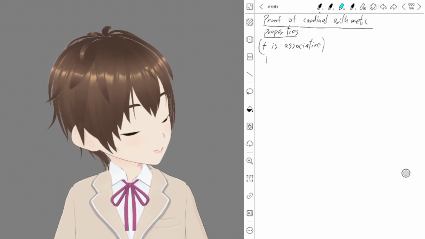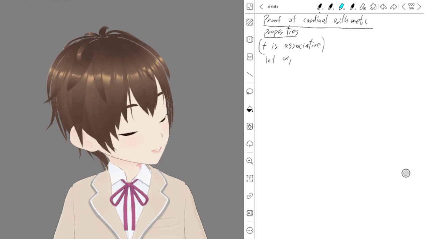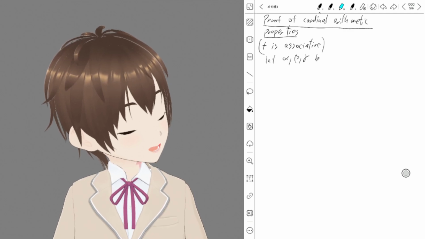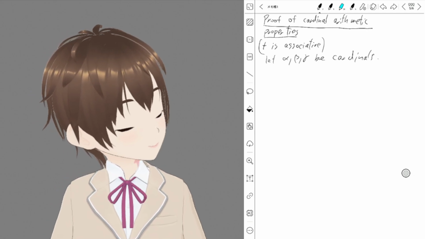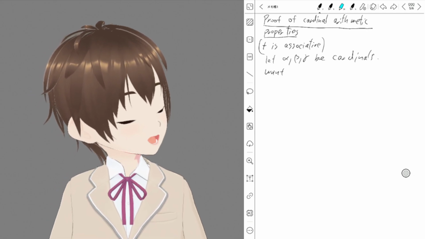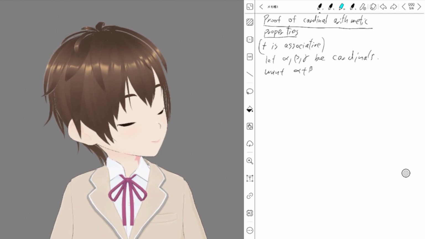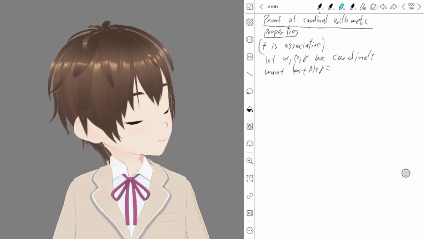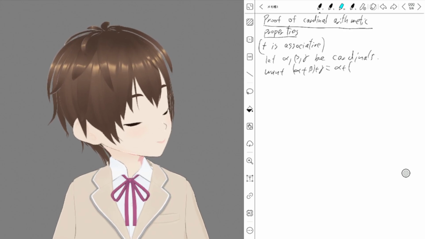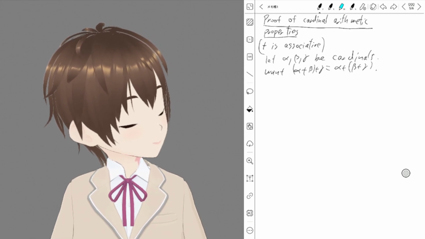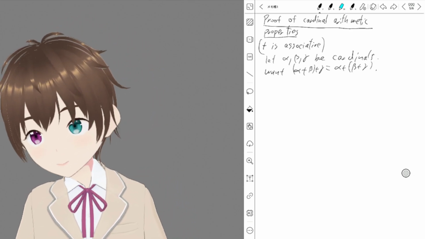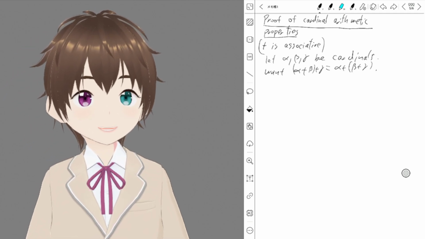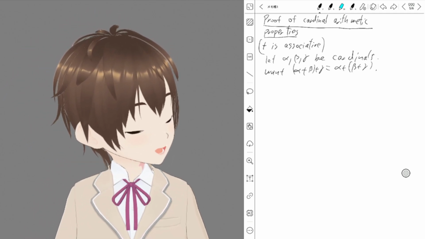So let alpha, beta, and gamma be cardinals. I want alpha plus beta plus gamma to equal alpha plus beta plus gamma, with the brackets grouped differently. So how do I show the two cardinals are equal? Well, I define a bijection between them, or equivalently a bijection between the sets which define them. So we need only find a bijection.